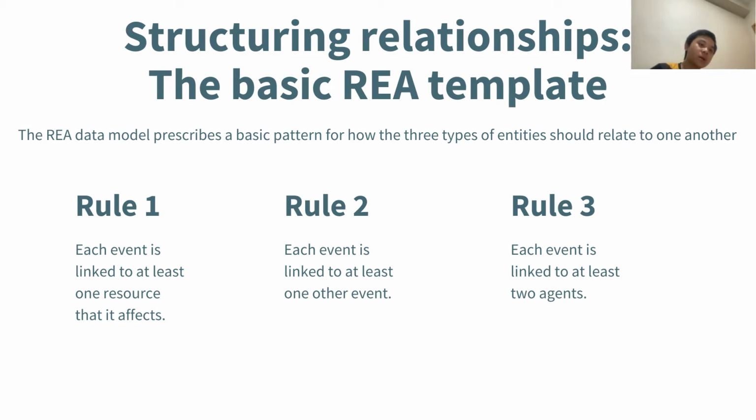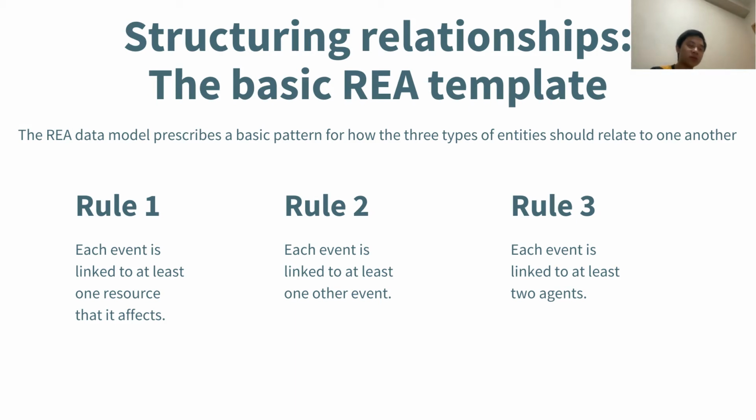Rule 1 is each event is linked to at least one resource that it affects. For example, resource A must link to event A, and resource B must link to event B. Rule 2 is each event is linked to at least one other event.